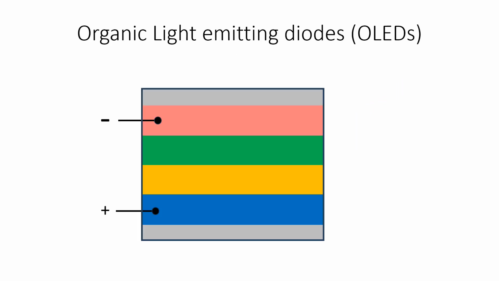OLEDs work in a similar way to conventional diodes and LEDs, but instead of using layers of N-type and P-type semiconductors, they use organic molecules to produce their electrons and holes. A simple OLED is made up of 6 different layers. The top layer is called the seal, and the bottom layer the substrate.